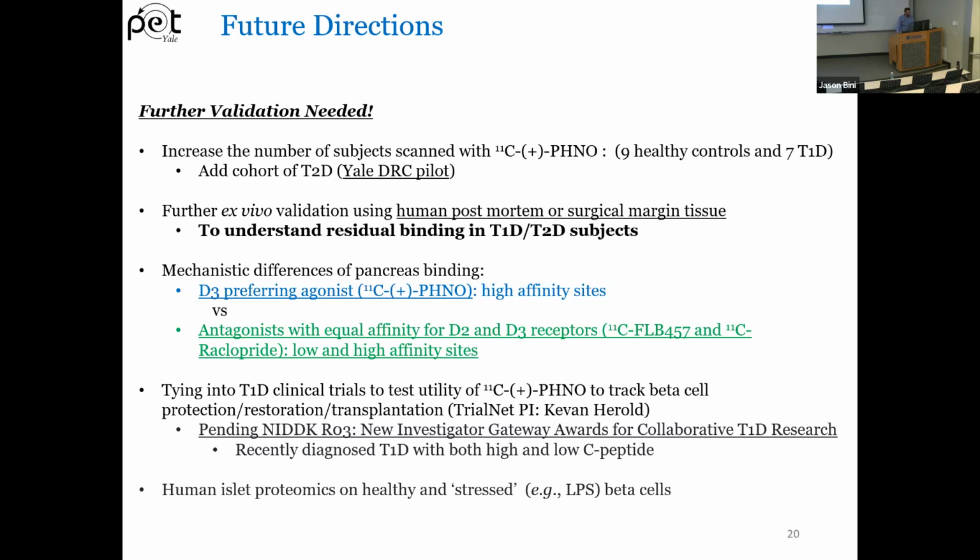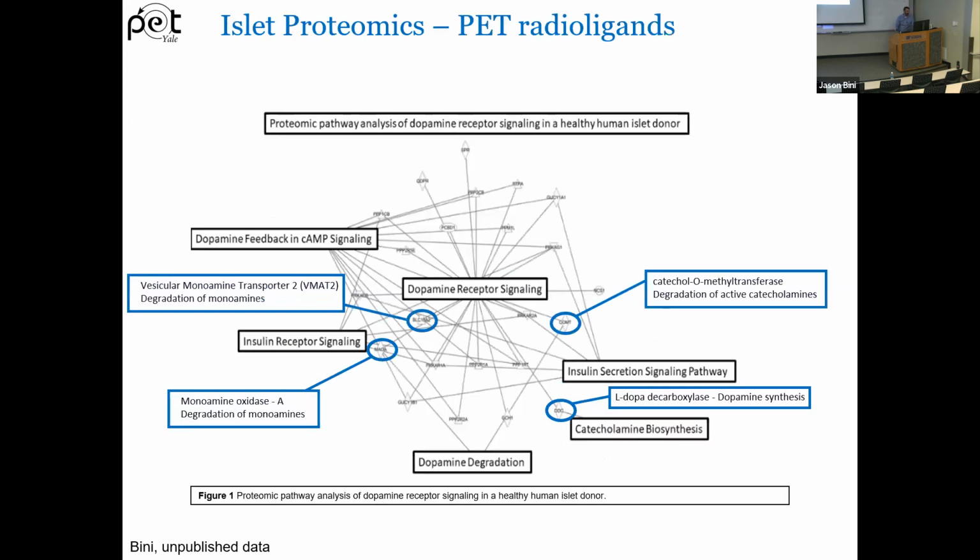And right now we've started some islet proteomics, which is part of the grant as well. I'll show you some of the proteomics on the next slide, where we looked at different pathways. We haven't done the stressed islets yet. We'd like to do this and see how the islets get stressed and then see how these proteomic networks change. But if you look at dopamine receptor signaling in this healthy islet, you see all kinds of dopamine feedback related to the insulin receptor, dopamine degradation, catecholamine biosynthesis, and the insulin secretion pathway.